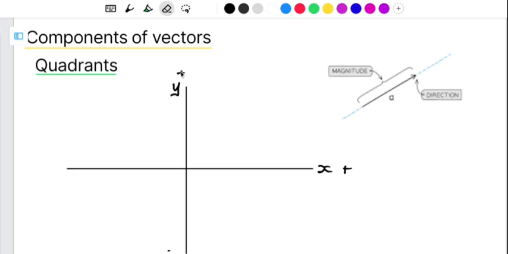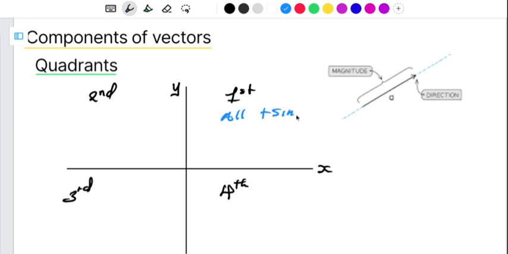Apart from that, we also need to look at the quadrants. So this is the first quadrant, this is the second quadrant, this is the third quadrant, and this is the fourth quadrant. One thing that you have to know here is that in the first quadrant, all the ratios are positive. So sine theta is positive, cos theta is also positive, tan theta is also positive.